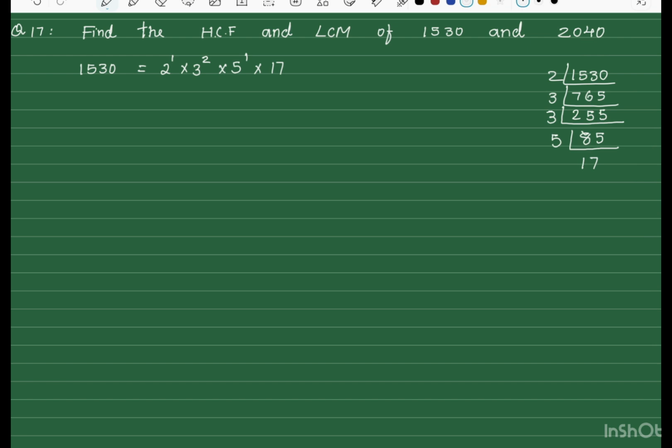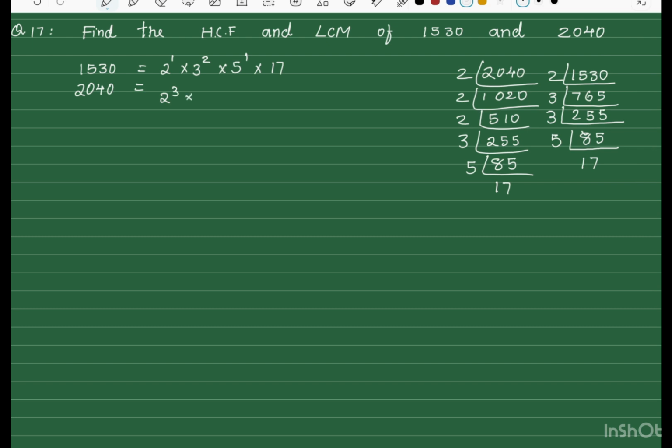Next we have to find the factors of 2040. It is an even number, so we can divide it by 2. So the prime factorization of 2040 is 2 to the power 3 multiplied by 3 to the power 1 multiplied by 5 to the power 1 into 17.